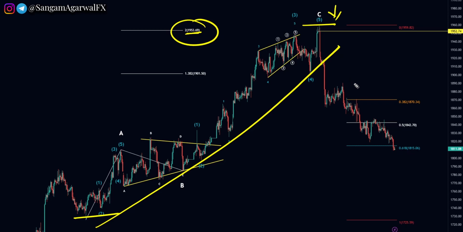And after all the news from NFP to PCE news at last, everything was crystal clear that you should sell. But that was too late. All the opportunities were gone.